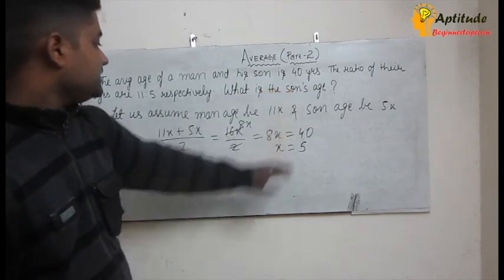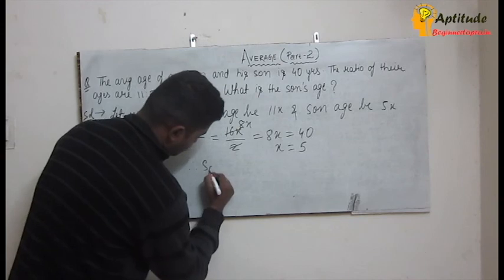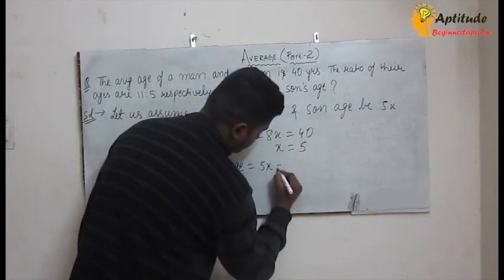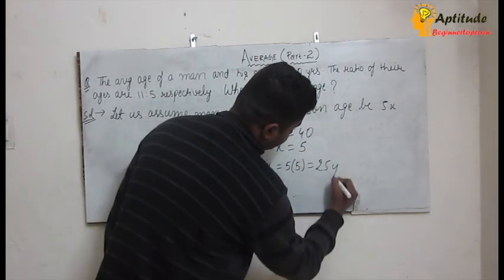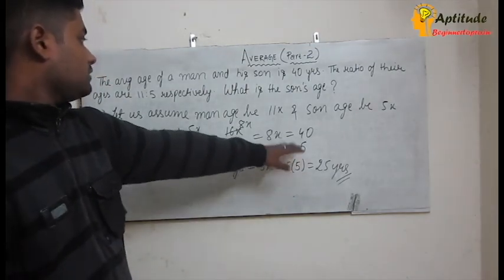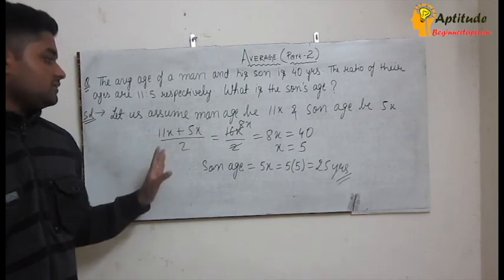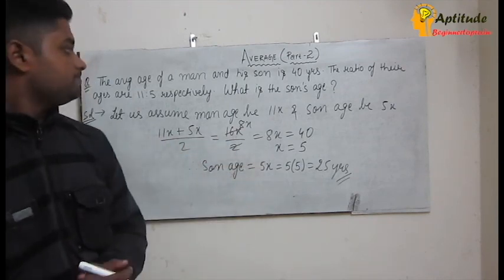Now what will be the son's age? The son's age is 5x, which equals 5 into 5, 25 years. Similarly, if the question asks what the man's age will be, the man's age will be 11x, which is 11 into 5, 55 years.